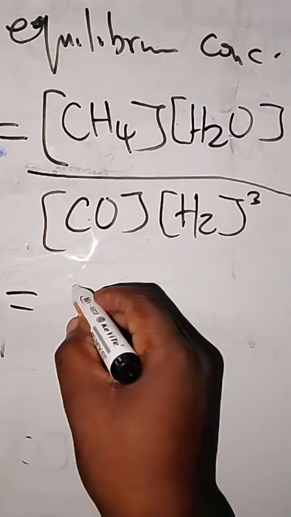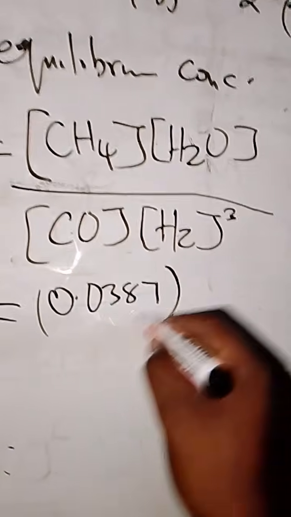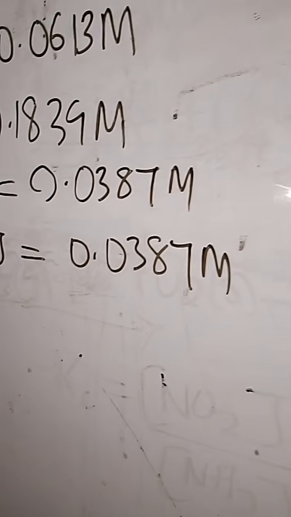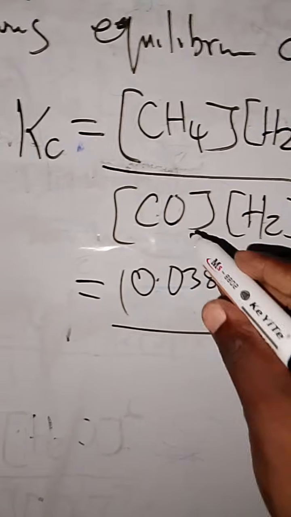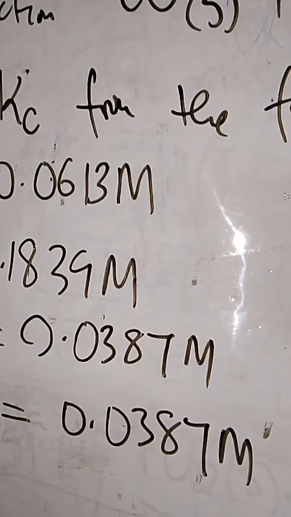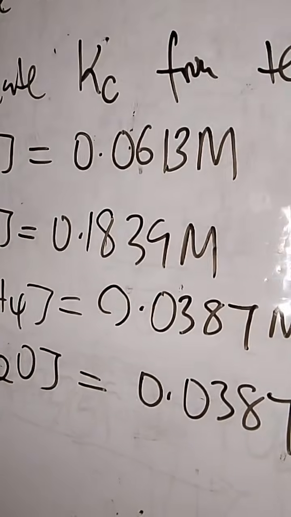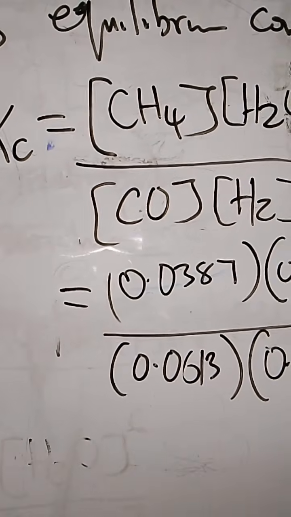The concentration of methane is 0.0387, the concentration of water is 0.0837, the concentration of carbon monoxide is 0.0613, and the concentration of hydrogen is 0.1839 to the power 3.